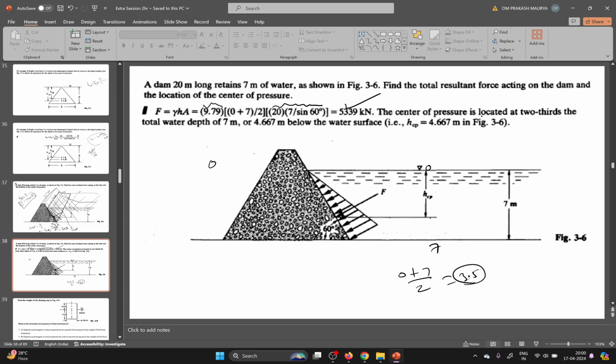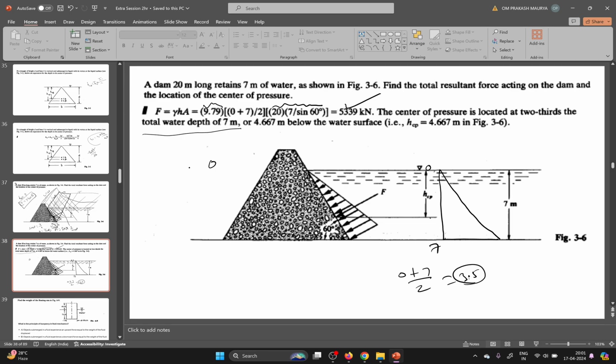The center of pressure is located at 2/3 of the water depth of the 7 meter. How 2/3? Because if you draw it, here is a triangle, and the center of pressure is at 2/3 of the total depth of the water.